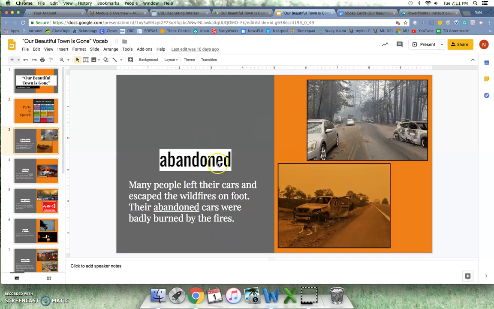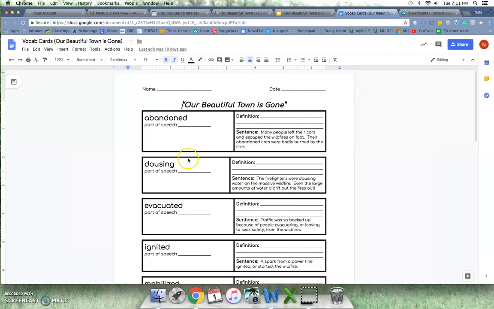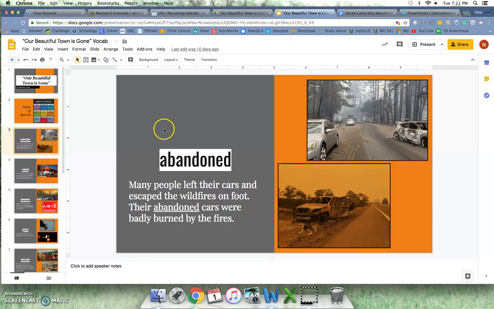So we'll go over this whole group, and then the kids will work on their vocabulary cards in partners. So pretty much hitting visual learners. We're hitting auditory learners by talking about this whole group. Auditory with the vocab cards, and then the kids who like to actually learn through practicing their context clues.